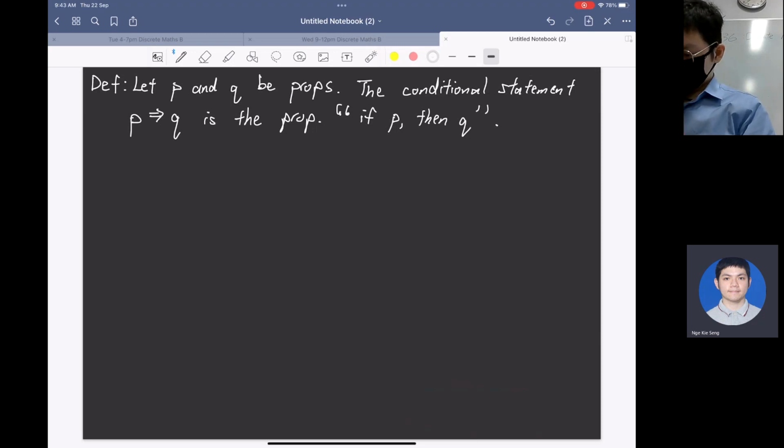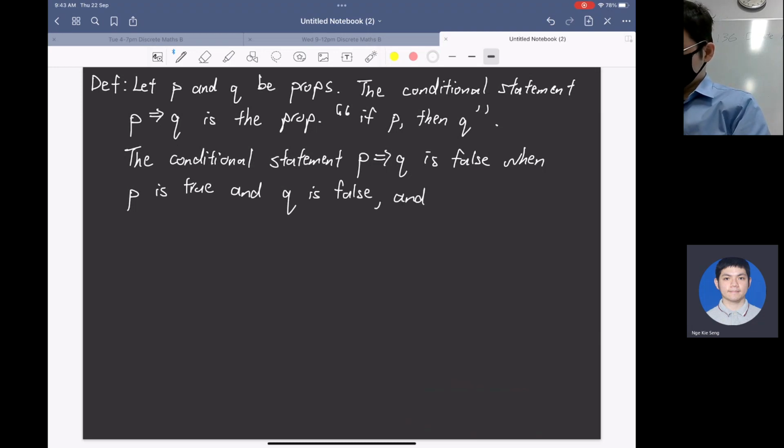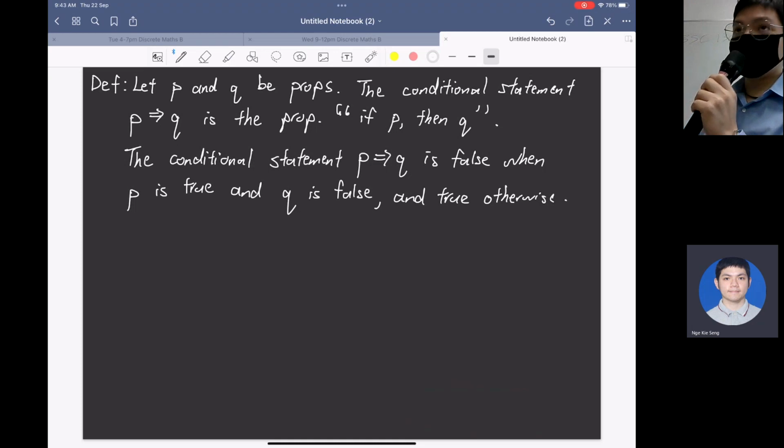So when is it true? P implies Q is false when P is true and Q is false, and true otherwise. So true things cannot imply a false thing.